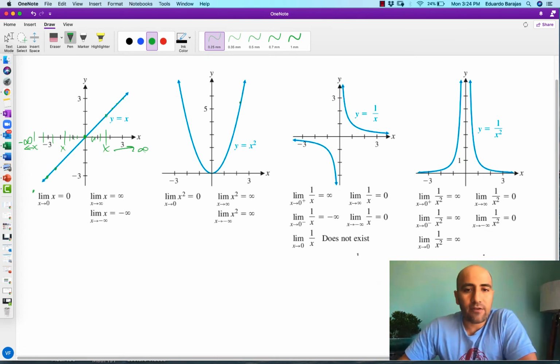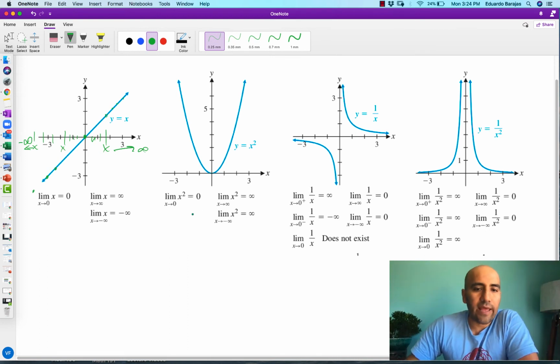Okay, let's look at a standard parabola, y equals x squared. We could also ask the same thing, the limit as x approaches 0 of x squared. As x is chosen to approach 0 from either direction, we see that the function output values are going to head toward 0 as well.